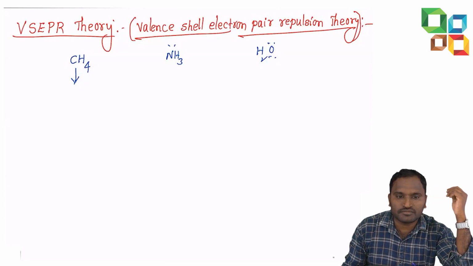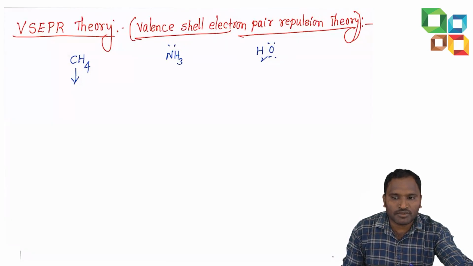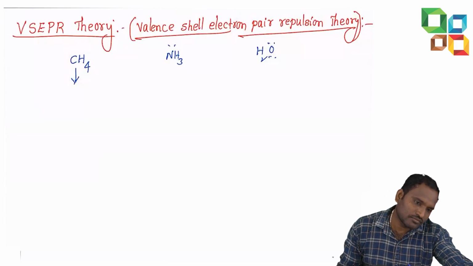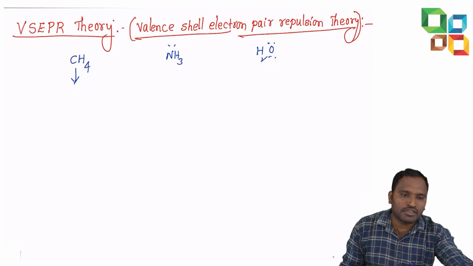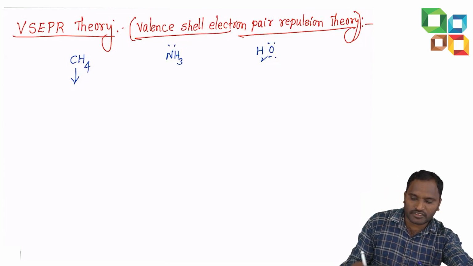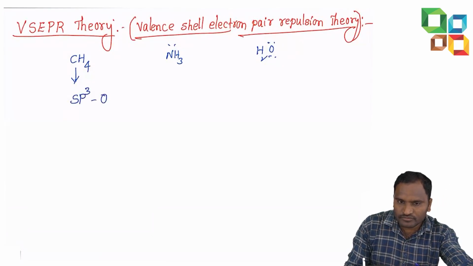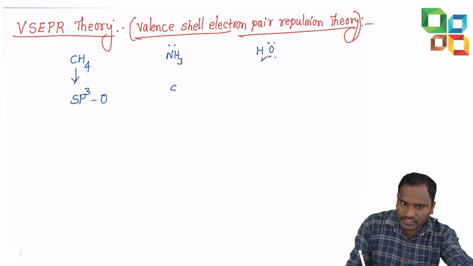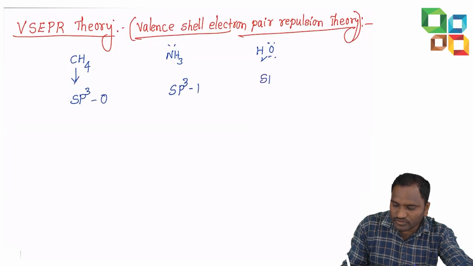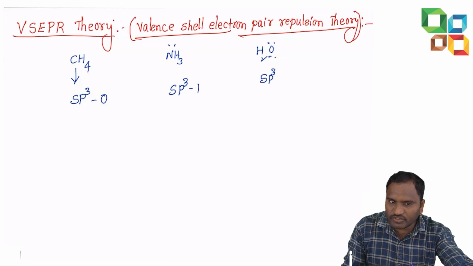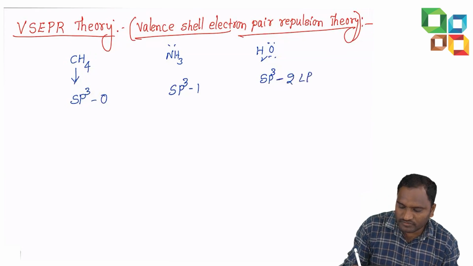Avani, correct. Sharon, correct answer. sp3. Tripti, correct answer. sp3 hybridization. No lone pairs. NH3, same, sp3 hybridization. One lone pair is there. H2O, if you find the hybridization, sp3 only you will get. There are two lone pairs.